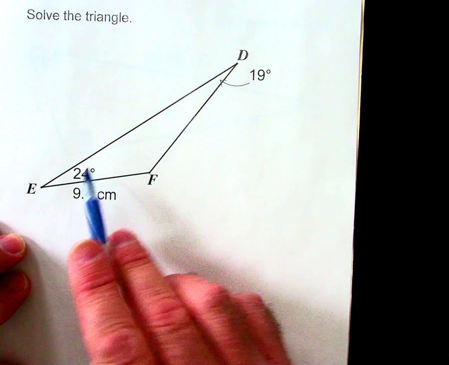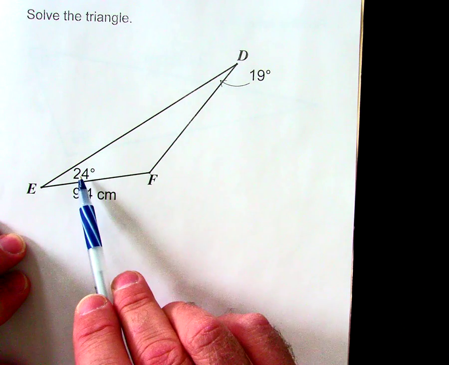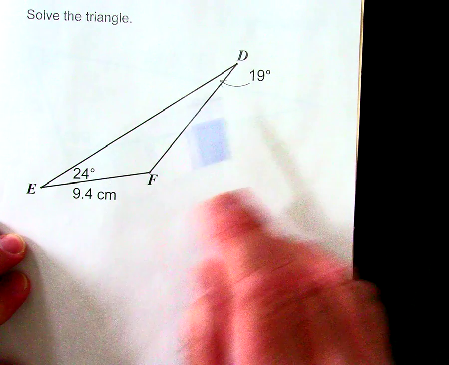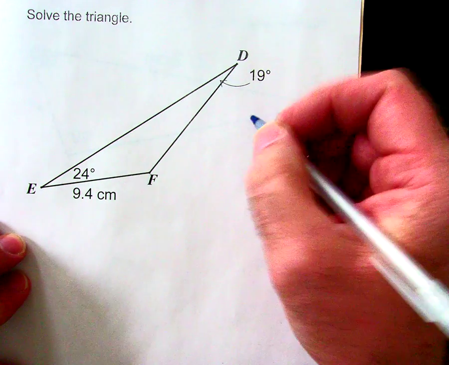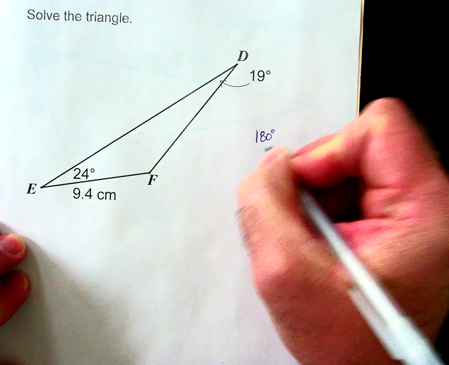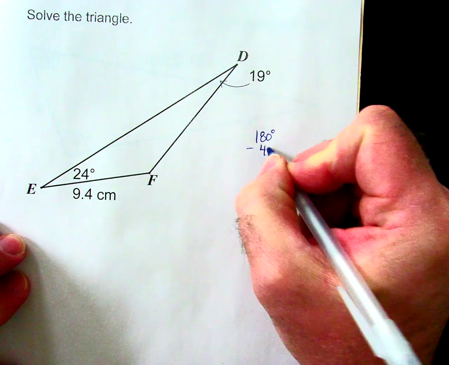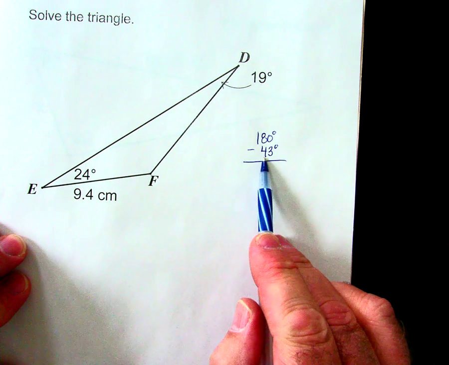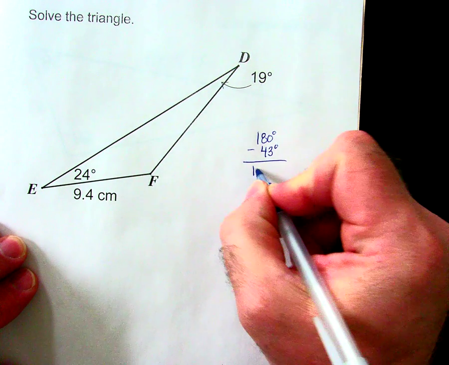Let's see, 24 plus 19, that'd be the same thing as 23 plus 20. So 43 degrees. If I take 180 degrees minus 43 degrees, I have 180, 140, 137.